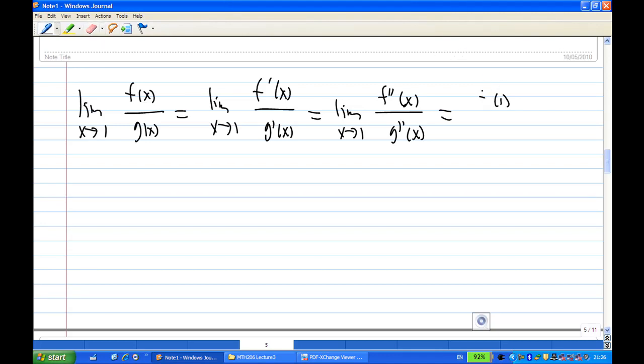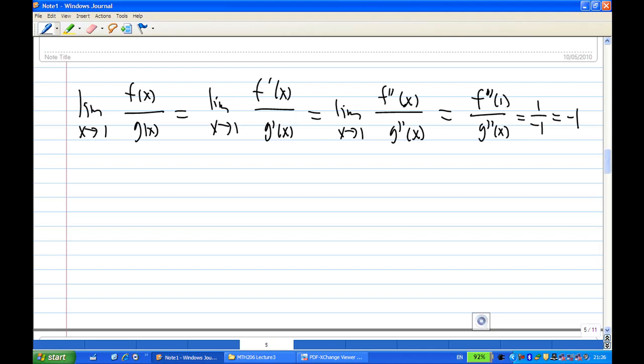As we divide, you get 8 over minus 8, which is minus 1. So this is almost the end of the solution.